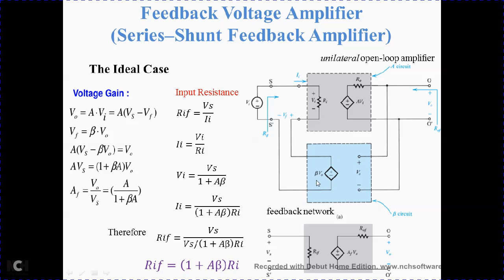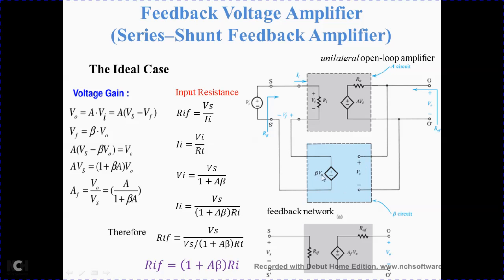And the same as this one, beta into V0, right? The voltage Vf is equal to beta into V0. Why is it beta into V0? Because the input to this feedback network is V0. This is the sampling we have taken from the output and it is given as an input for this, right? So V0 is an input for this beta circuit, and the gain of this beta circuit is beta.